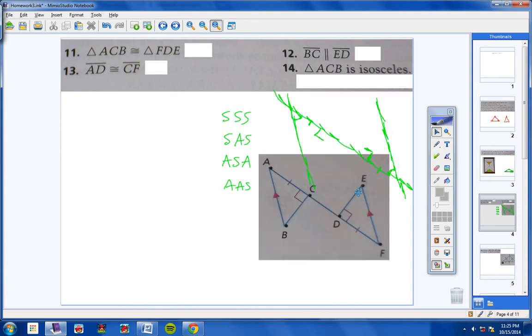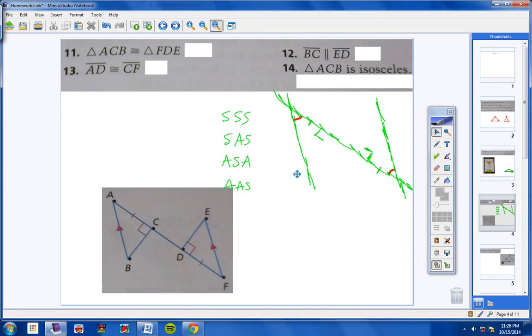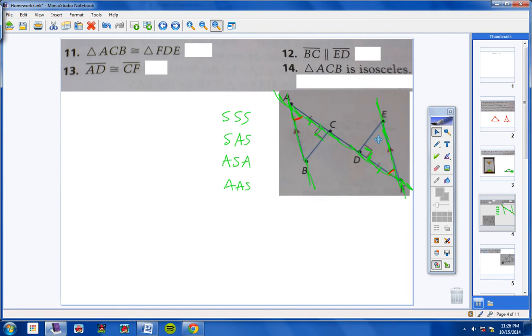Let me show you. Okay, here's your parallel lines, parallel lines cut by a transversal. So this angle here has to be, let me change colors here, this angle here has to be congruent to this angle here because they're alternate interior angles. So I'm looking pretty good then, because I now can state the following.